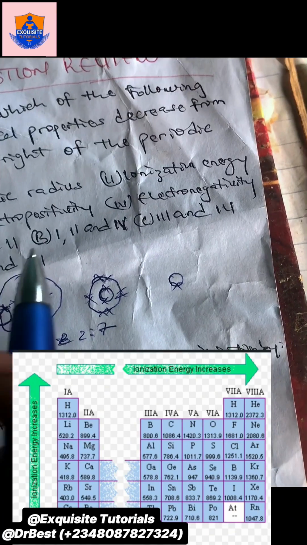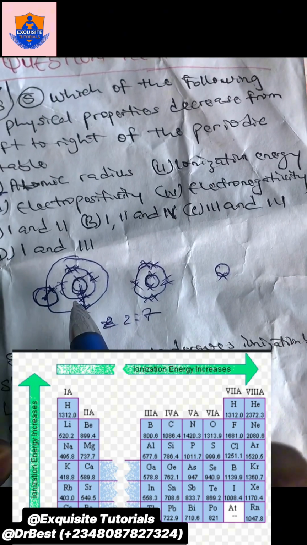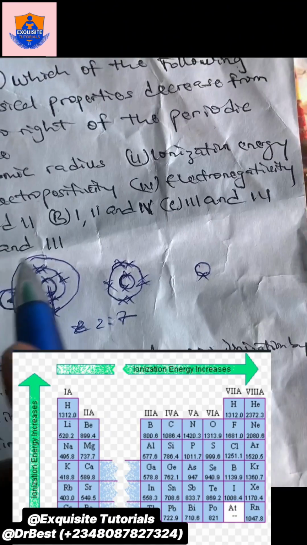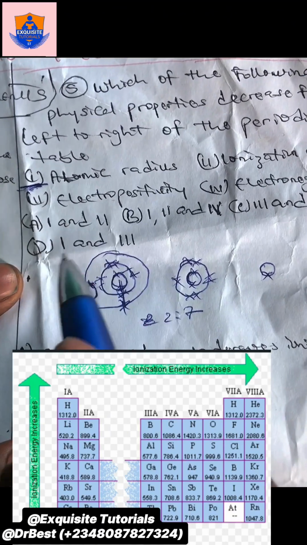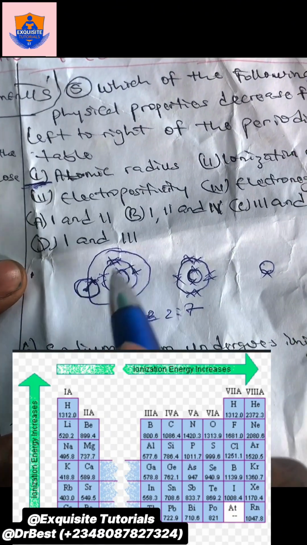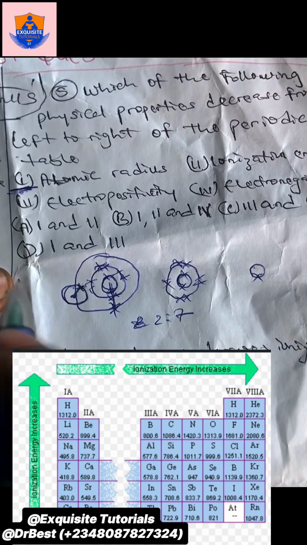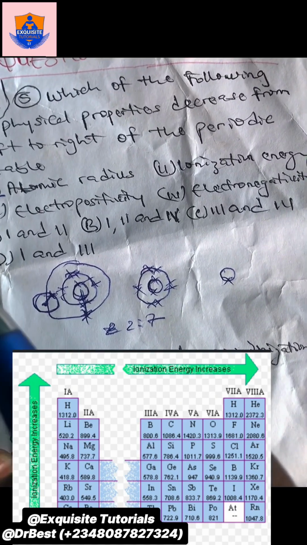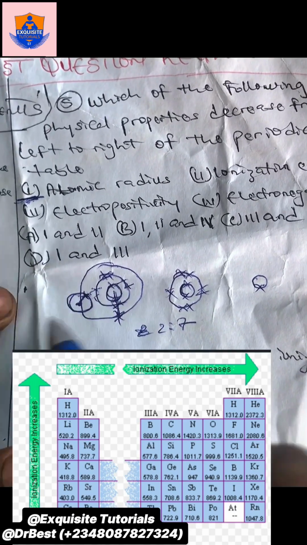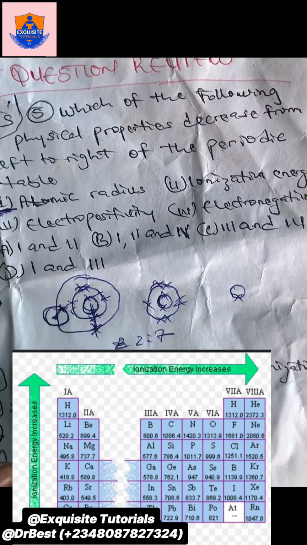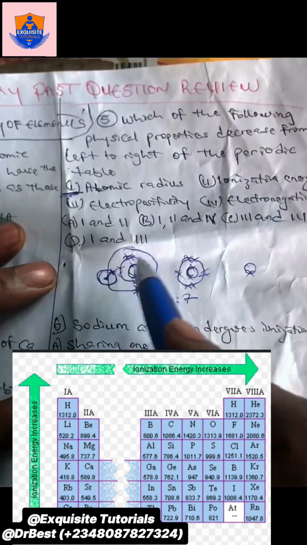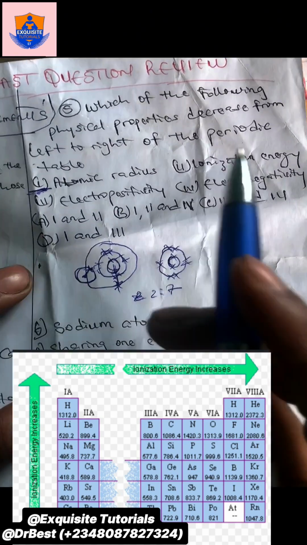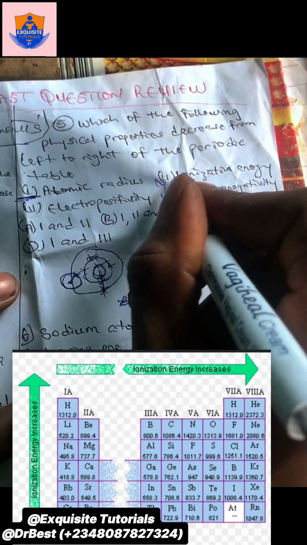So what this means is that the metals from group 1 easily give out electrons to become ionized, to become a positive ion, while non-metals can easily gain electrons because it's not so easy for them to give out. So ionization energy is going to increase across the period, which means this option is wrong.